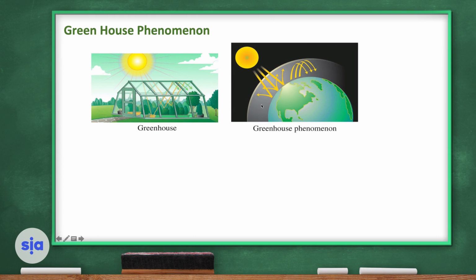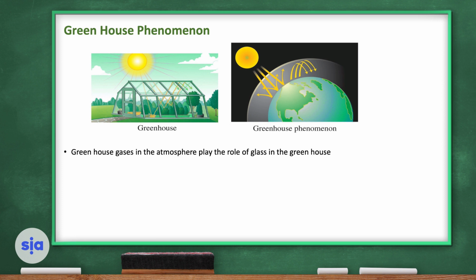It's the same idea. Why? Because this glass is used to trap the sun's heat inside this building in order to provide sunlight for the plants to grow. Similarly, here the atmospheric layers will trap the heat of the sun and increase the temperature of planet Earth.